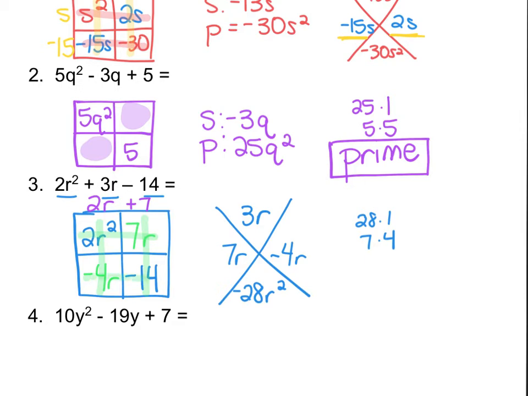So then we're going to row factor. 2r squared and 7r only have an r in common. And this is where my negative comes out on the side. Negative 4r and negative 14 have a negative 2 in common. So my final factors are 2r plus 7 times r minus 2.